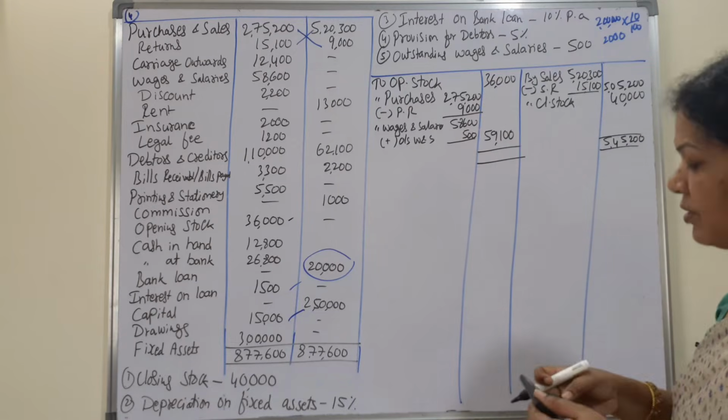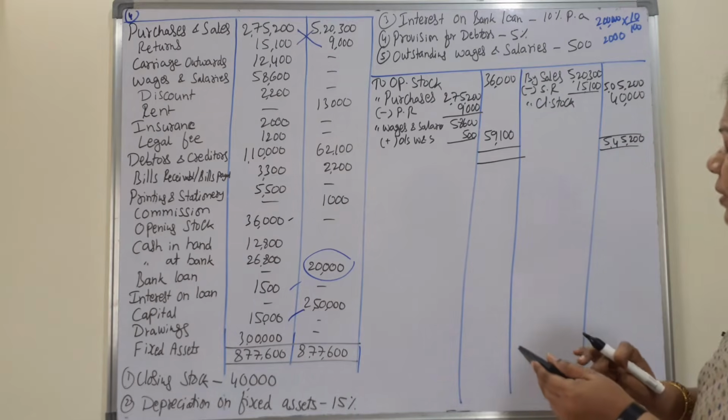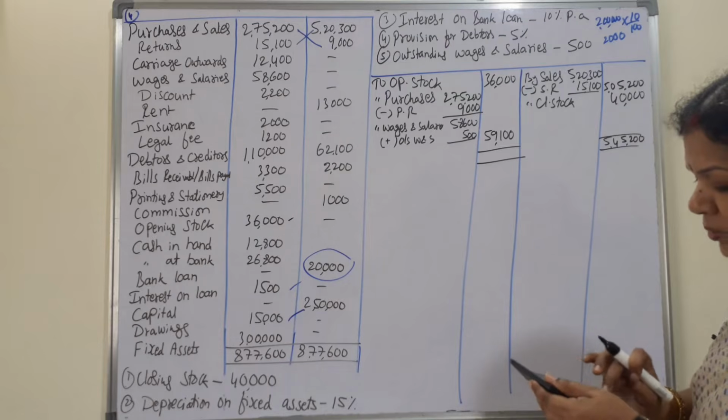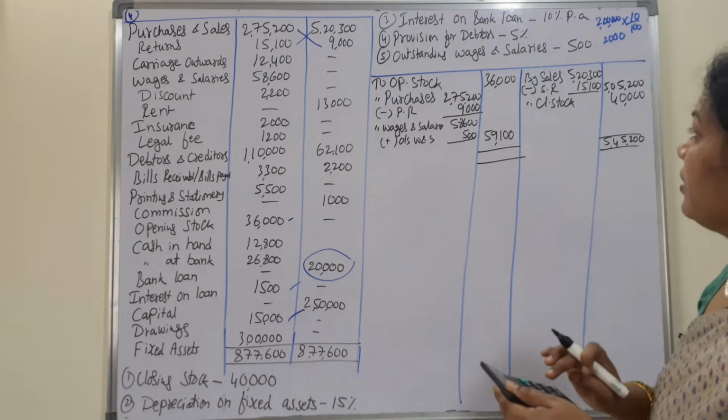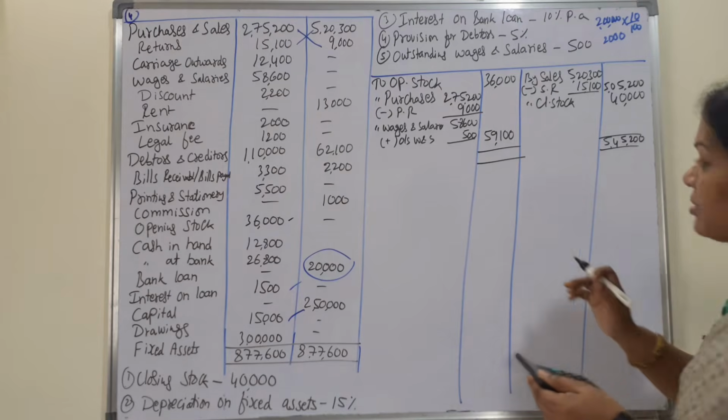Now we'll see purchases minus purchase returns: 2,75,200 minus 9,000 comes to 2,66,200.